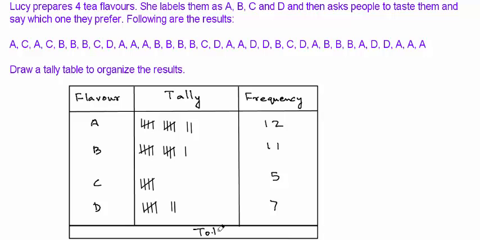Say this is total. And if you add up the frequencies, you get the total. That's 35. So that immediately tells you that 35 people were surveyed. This is how you draw up a tally and a frequency table.